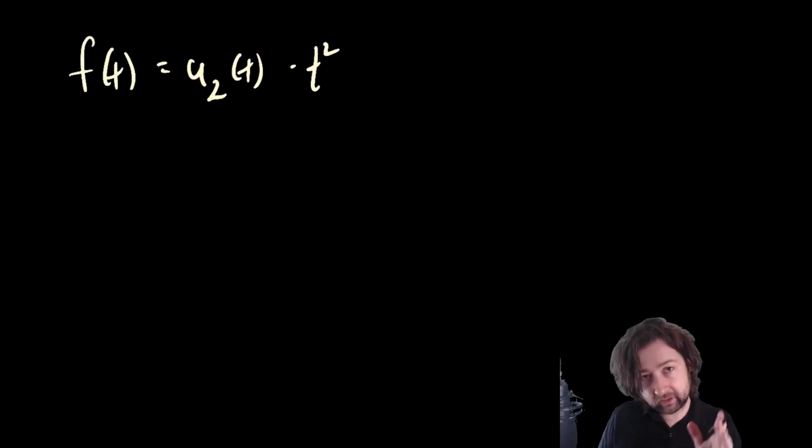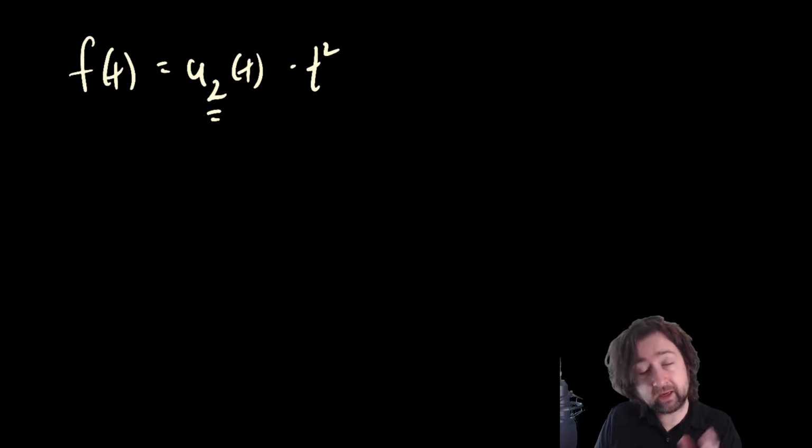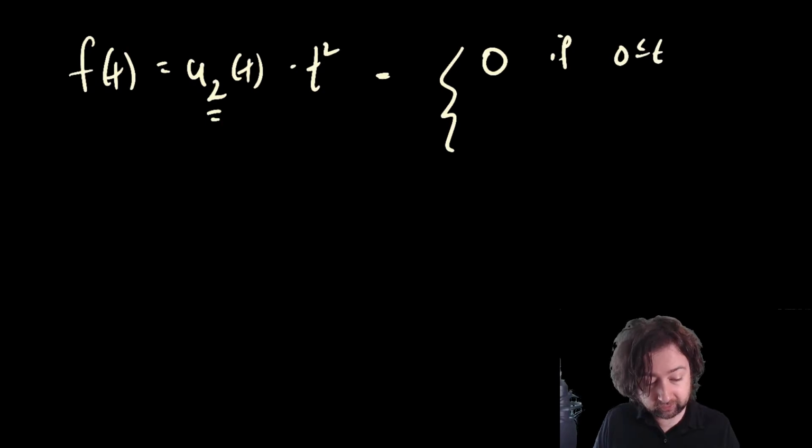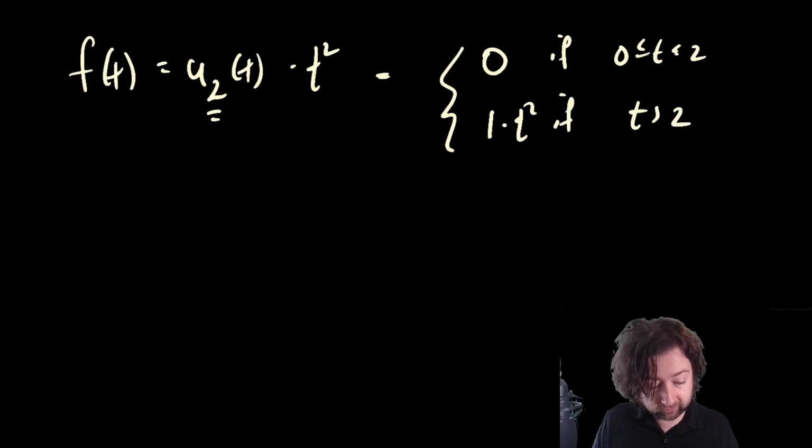So that function is going to be 0 from 0 to t equals 2, because the unit step function is 0 from 0 to t equals 2. So it automatically is going to force cases into the definition of this function, where now this function is going to be equal to 0 if t is between 0 and 2, and 1 times t squared if t is bigger than 2.